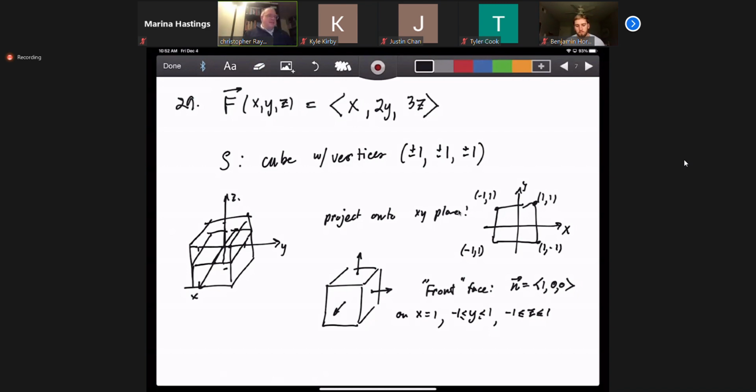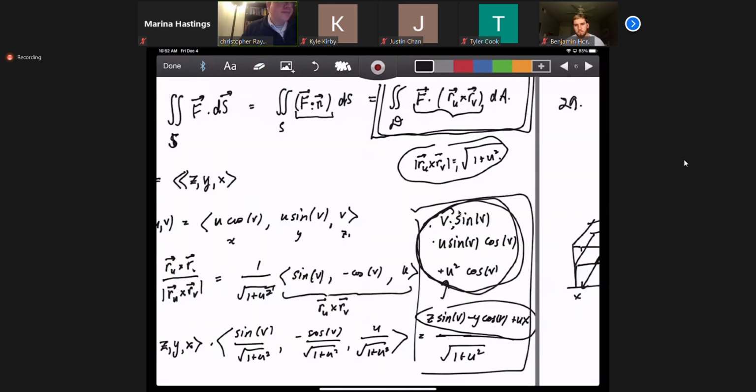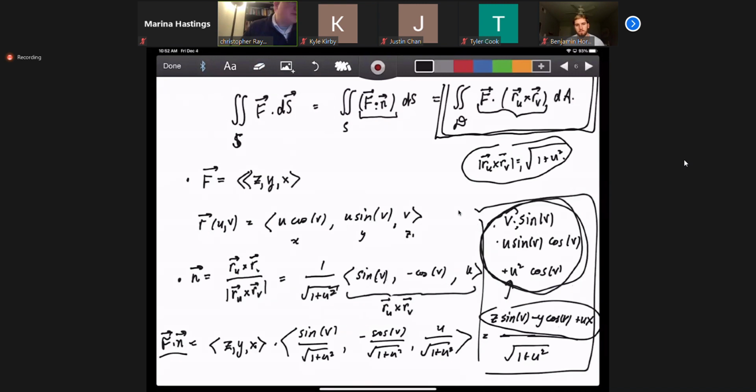So here's an example where we don't want to skip directly to this version, because we actually have an easy way to get our hands on the normal vector directly, and we're going to have to use different normal vectors on different faces.